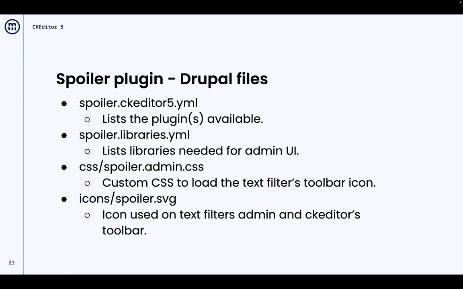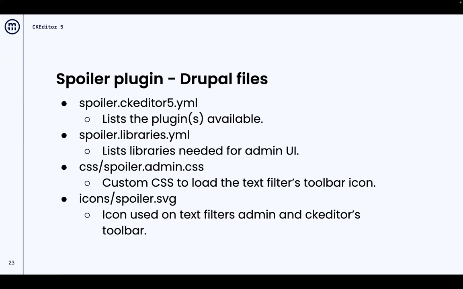Then one thing that was in the example that wasn't clear is that you also need an item in a libraries.yaml file, because following on from that, you need a CSS file for telling the Drupal text filter UI how to find the icon that is used on the text filter admin page.